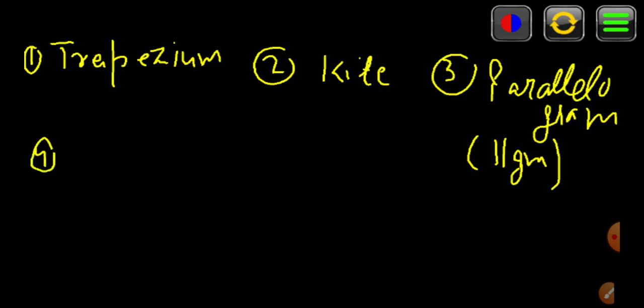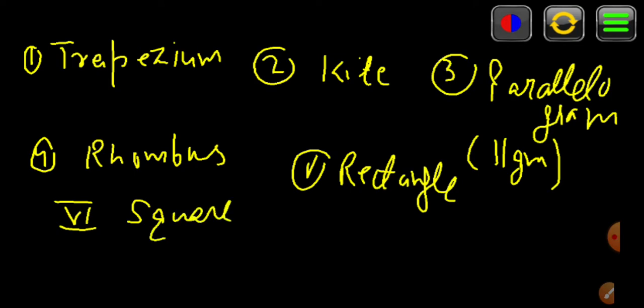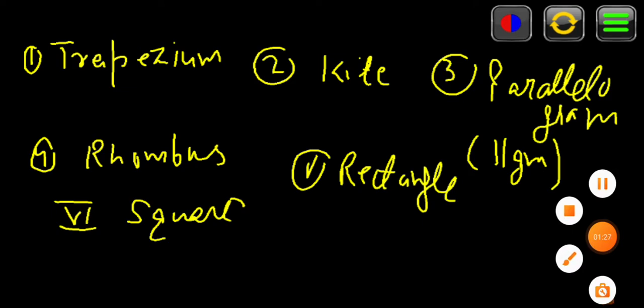Fourth one, rhombus. Fifth one, rectangle. Sixth one, square. All quadrilaterals are interrelated with each other. Now here first of all we will discuss trapezium.